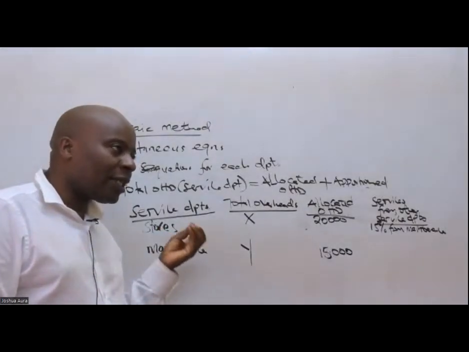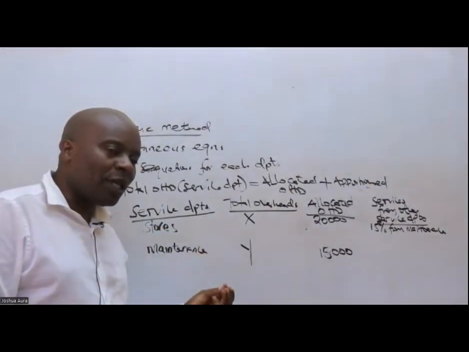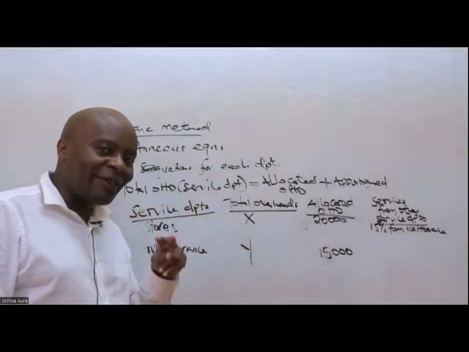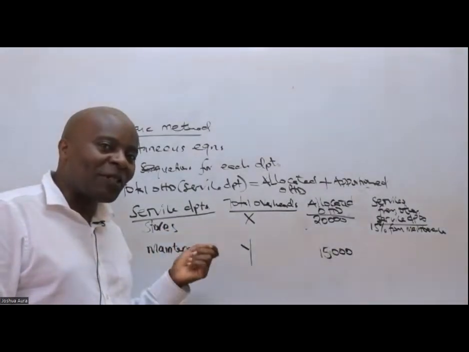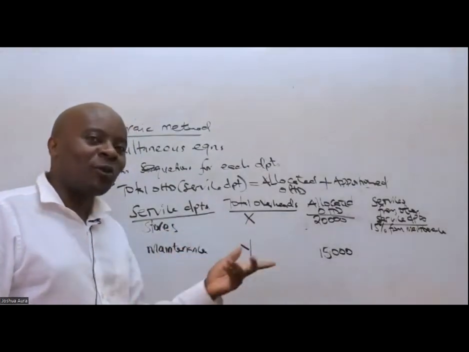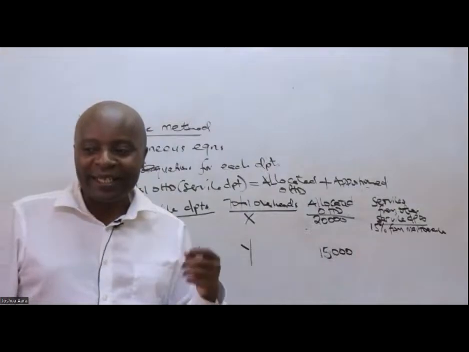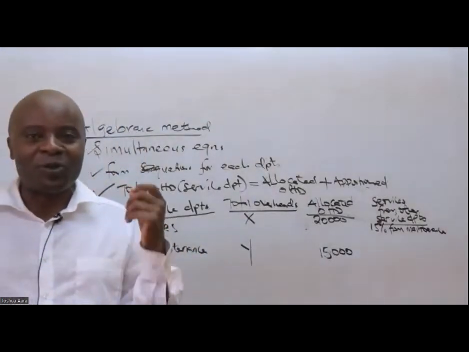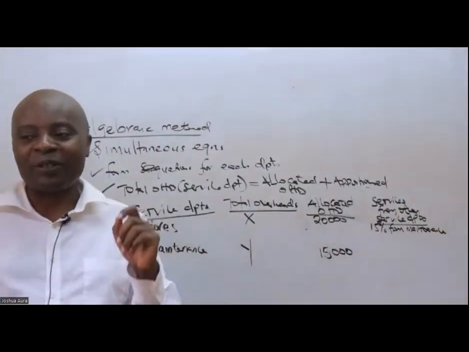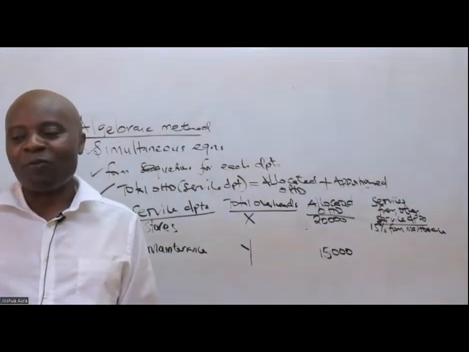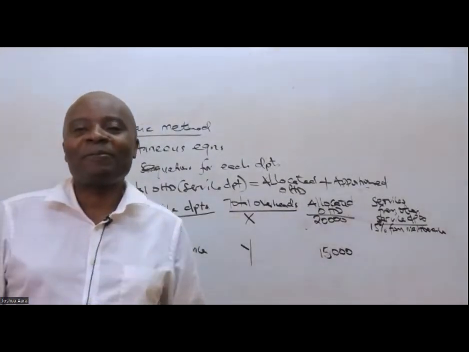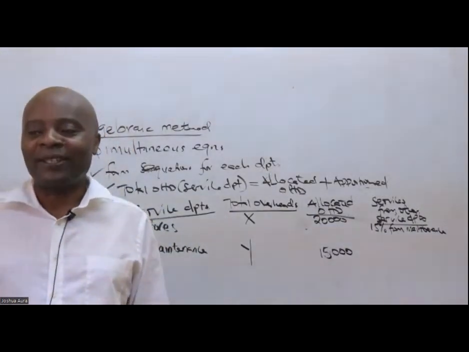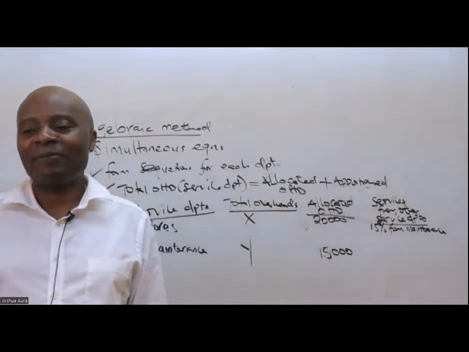Did maintenance receive services from other departments? In this case here, there are only two. So did maintenance receive services from stores? Was it served by the stores department? Please talk to me.